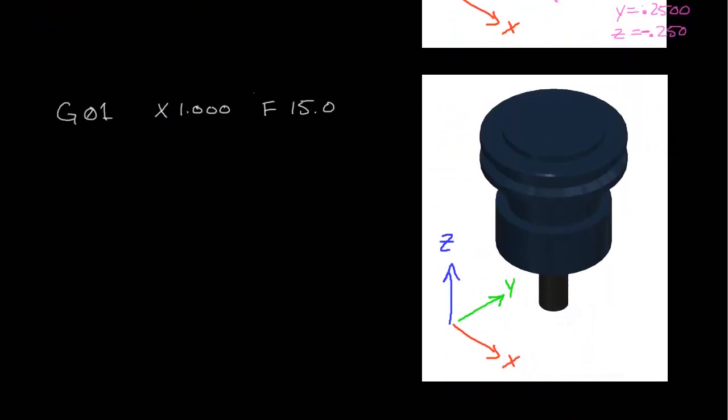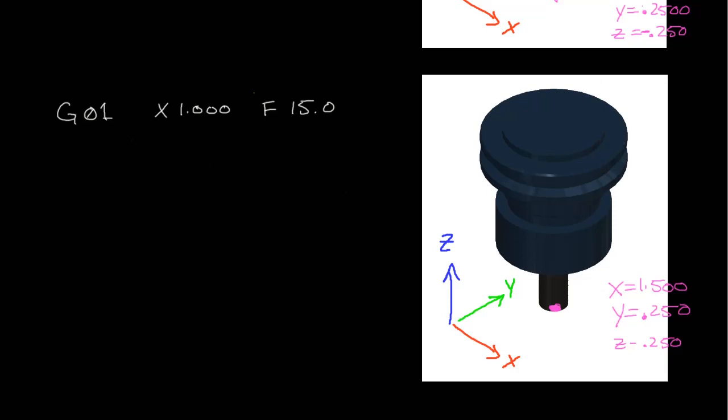All right, so let's say we're going to borrow from the previous position. Let's say it's right here, and it is at X equals 1.500, the Y is at 0.2500, and the Z is at negative 0.250. So this is just where we're picking up from our previous position.